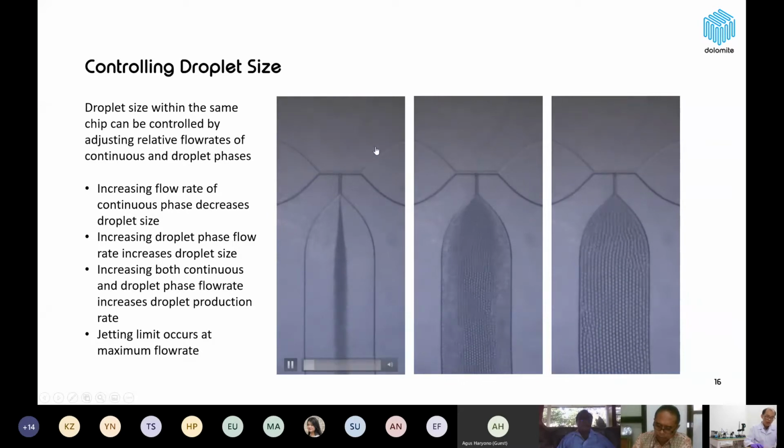For example, if we increase the flow rate of the continuous phase, we can decrease the droplet size. Or if we increase the droplet phase flow rate, we can increase the droplet size. Or if we increase both the continuous phase and the droplet phase, we can increase the droplet production rate.